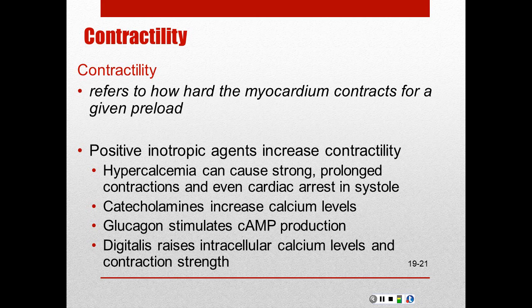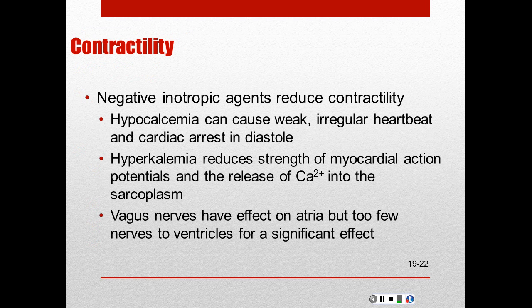In hypocalcemia, where we have a very low amount of calcium ions, the cardiocytes are going to lose the calcium ions to the extracellular fluid, leading to a weak heartbeat and potentially to a cardiac arrest in diastole, and it is more likely to kill through skeletal muscle paralysis.